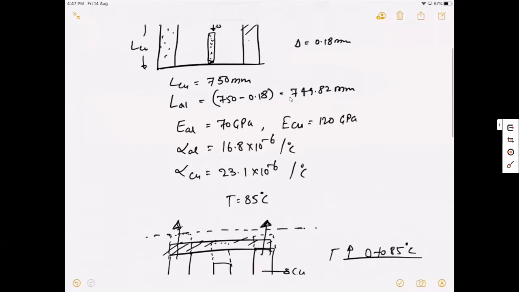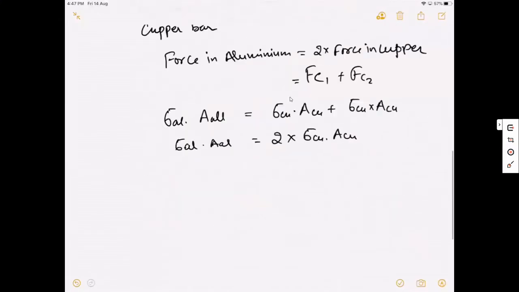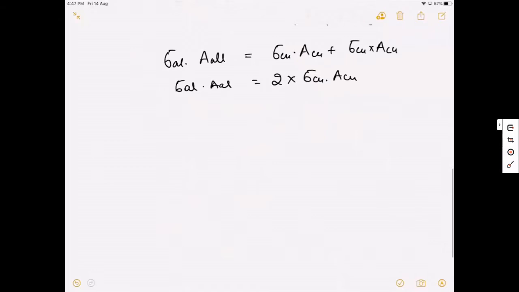Now A aluminium is given as 400 mm square and the area of copper is 500 mm square. So I'll write sigma aluminium into 400 is equal to 2 times 500 into sigma Cu.